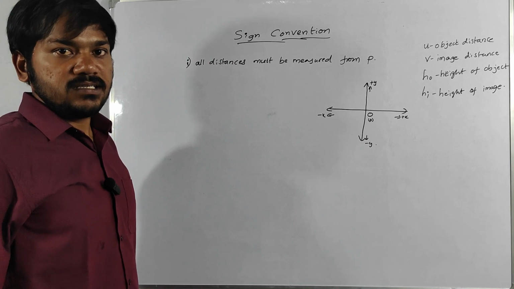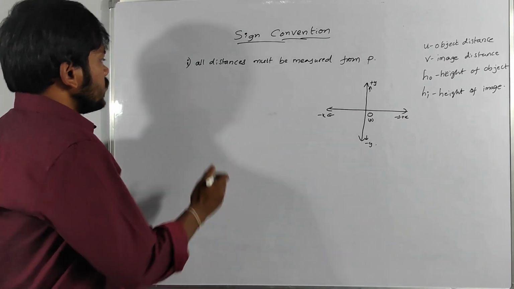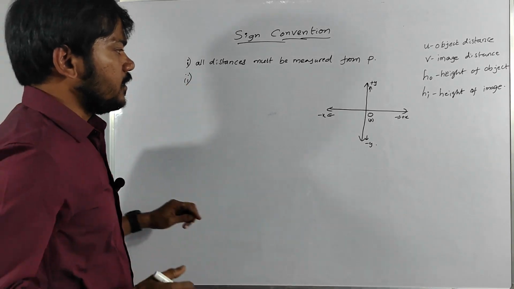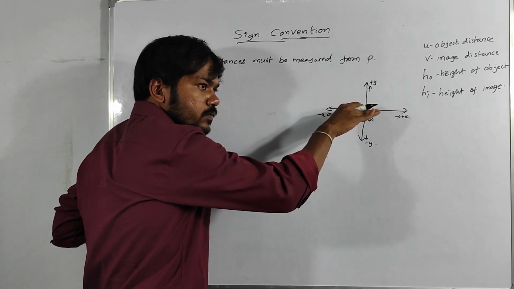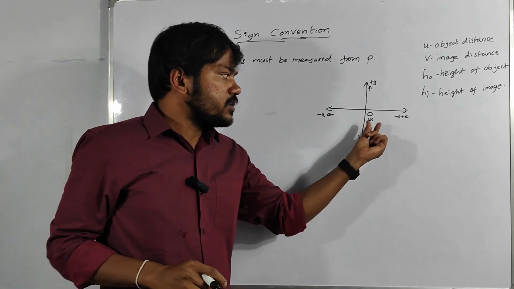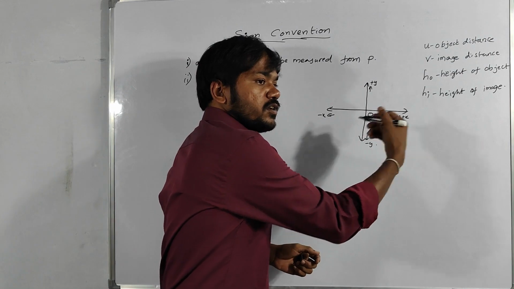Principal axis. Clear, no? Principal axis. So the second point: I can consider distances which are parallel to the principal axis and measured from the pole, in the direction of the incident ray.